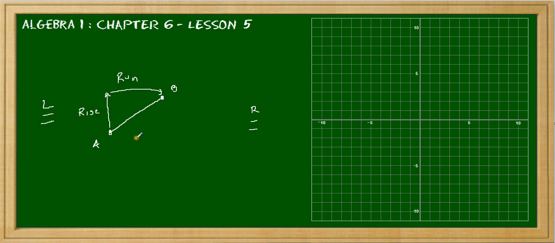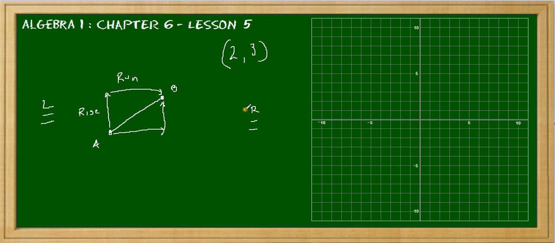Now our tendency is to run and then rise. The reason we have that tendency is because when we give coordinates, say I gave you the coordinate 2, 3, you would go to the graph and say, I run first 2 and then rise 3.